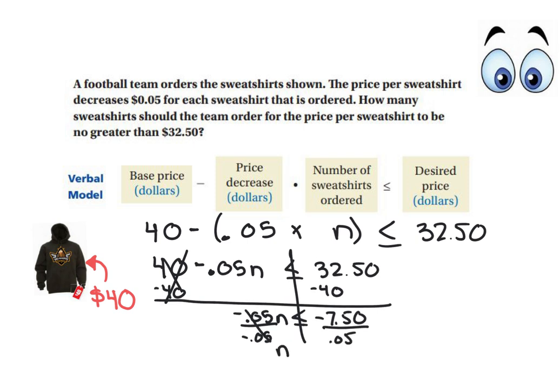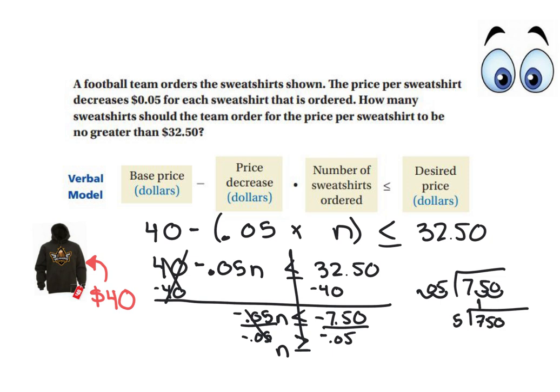Opposites cancel. We divided by a negative, so the sign flips, and then 7.50 divided by 0.05. We'd move the decimal point twice, and what we're actually doing then is 750 divided by 5.